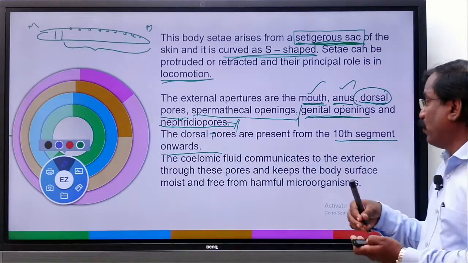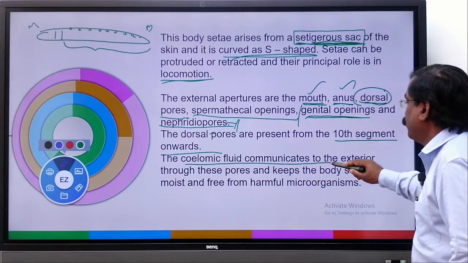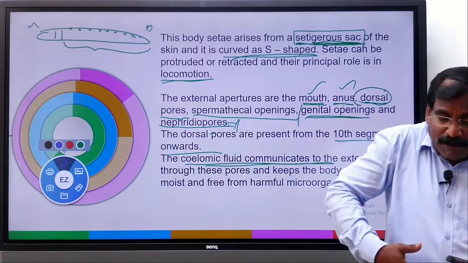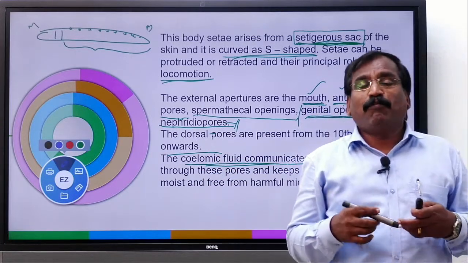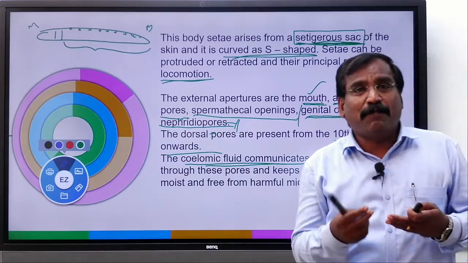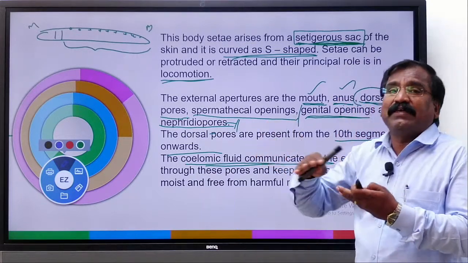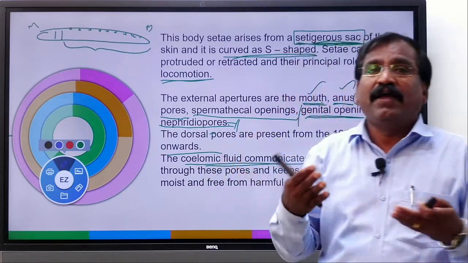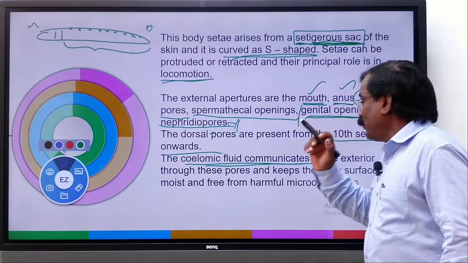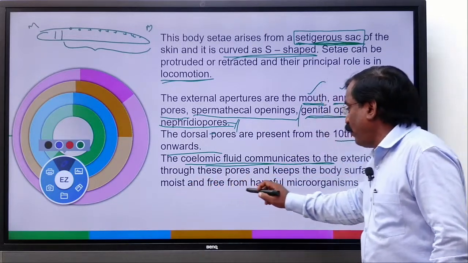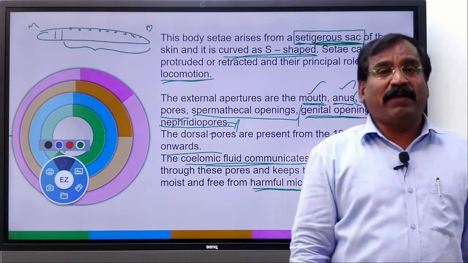What do they do? The body contains coelomic fluid, and through the dorsal pores the coelomic fluid comes out and keeps the body moist and slimy. If you hold it, it feels slippery. Through the dorsal pores the coelomic fluid oozes out, keeping the body moist. It also protects the animal from harmful microorganisms.